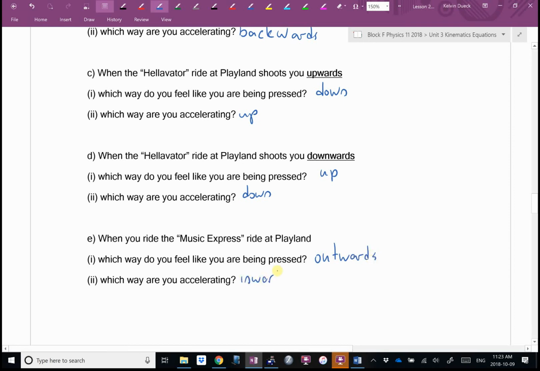I have yet to find a situation where our body feels the acceleration in the correct direction. We always feel it in the opposite direction. So if you're ever trying to figure out what direction an acceleration is, put your mind on that ride in the question. Imagine yourself being there, and whichever way you feel like you're getting pushed, it's the opposite direction.